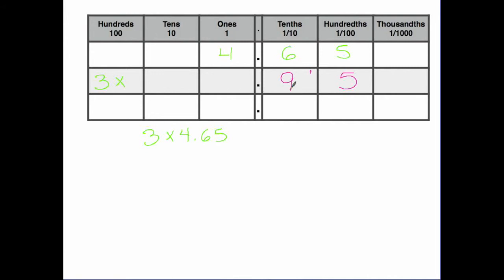Or if you did it the other way, that's fine too. So you're getting the right answer. But I have 19, so what happened to my 1? Carry it. 3 times 4 is 12. Don't forget your 1. 13. What happens to my 1? Carry it to the next column. So what is my answer?